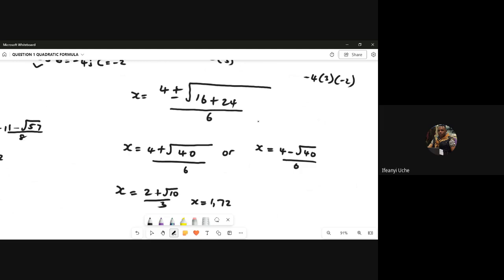Then the one for negative, if it is negative and they say leave it in short form, it's going to be 2 minus √10 all over 3. But if not, the final answer in 2 decimal places will be x equals negative 0.39. So you can see we have different kinds of quadratic formula questions.